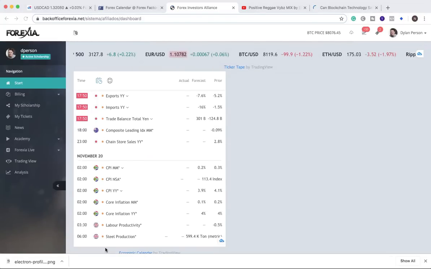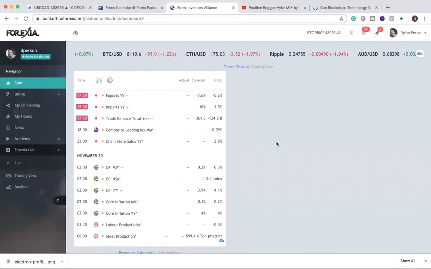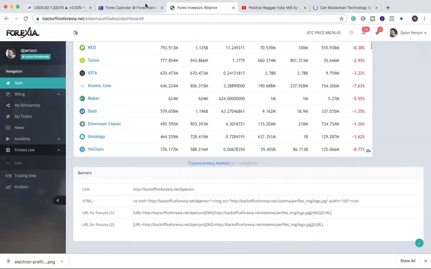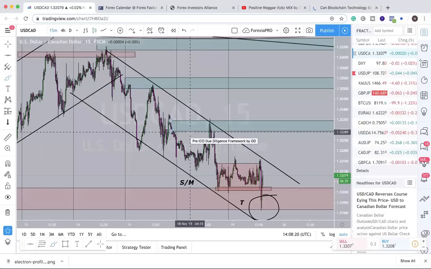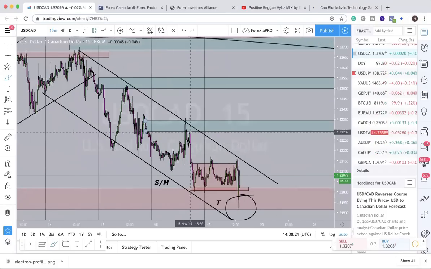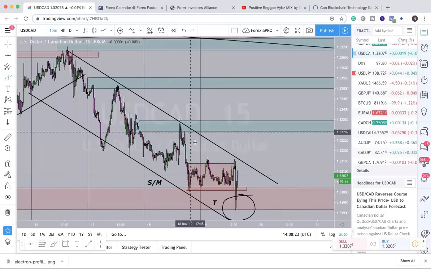Mm-hmm. I've never even traded a stock yet, but I look at them and it's kind of easy for me to see what they're doing because they're all the same, honestly. I don't really care what the name of that chart says up there. I just look at the candles and predict the next move.